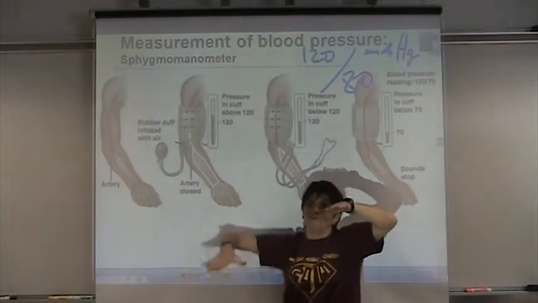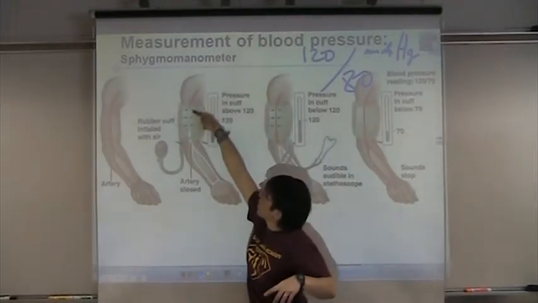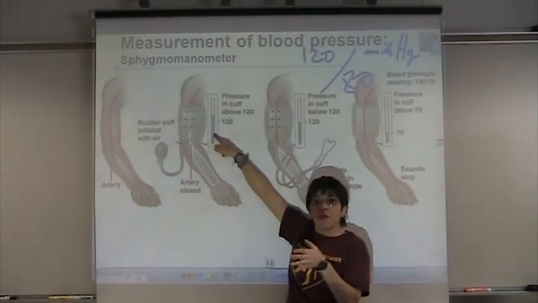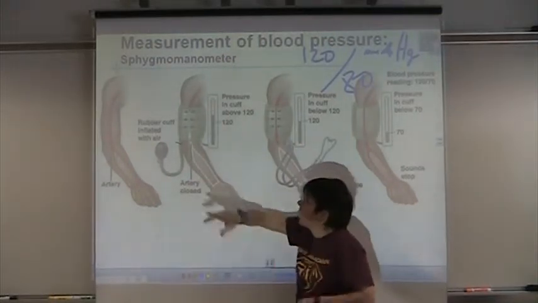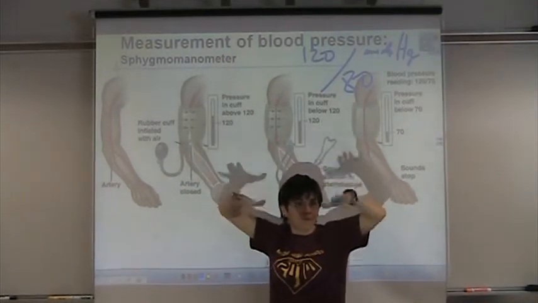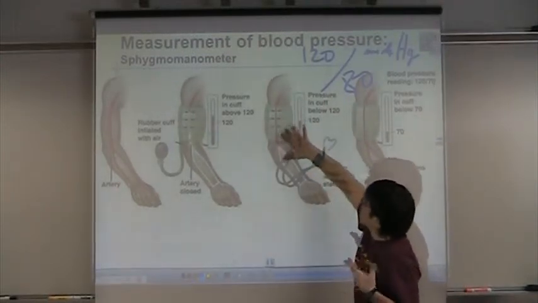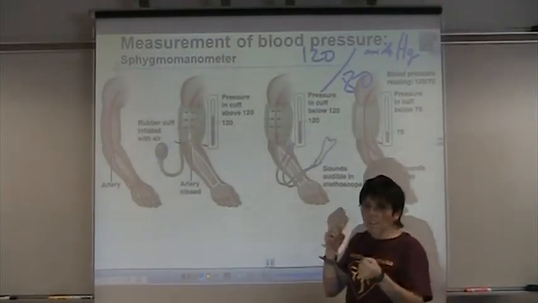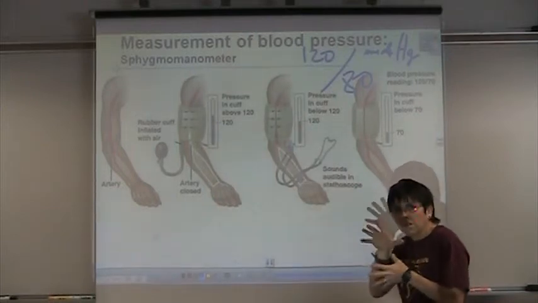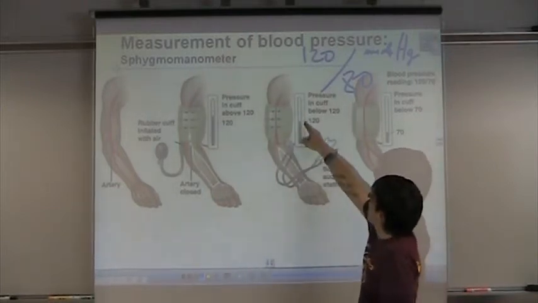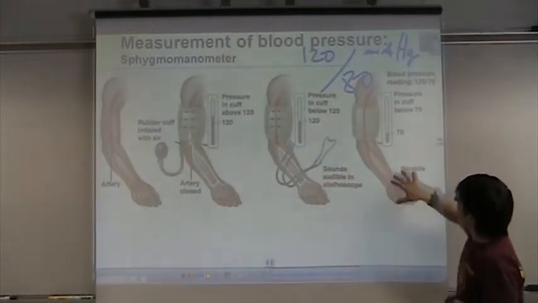Because that's when the pressure of the blood trying to get through is even with the pressure of the cuff. That's how they measure. Equal pressures. So then when the blood is coming, that's when they do the reading, the first time that they hear that blood gushing through the arteries, and that's one of the readings.